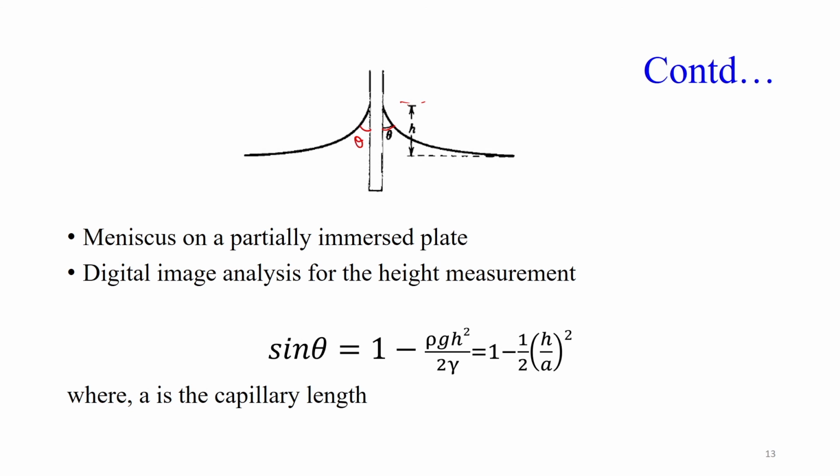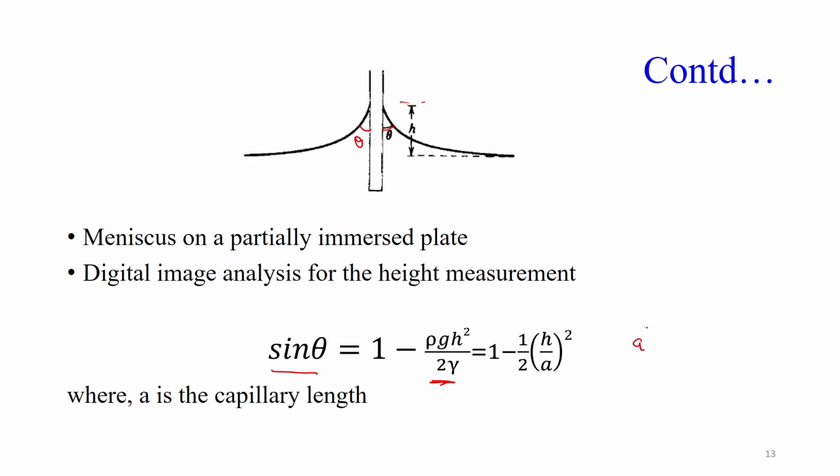So, we can digitally analyze this height, and if we know the height we can simply calculate sin theta as 1 minus rho g h square upon twice the liquid vapor interfacial tension, or we can write this term in terms of capillary length, as 1 minus 1 by 2 (h upon a)^2.